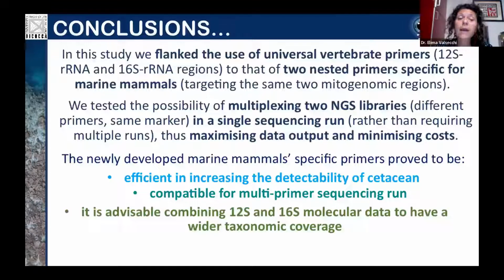We would say that it's advisable to combine both the 12S and 16S molecular data, as each marker is sometimes able to pick up different species.